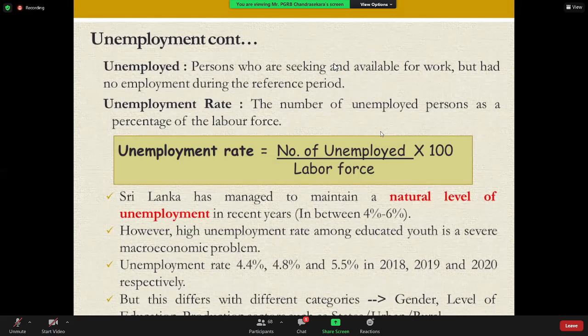We have different types of units in the economy, such as educated, gender-wise, production sectors, states, urban people, rural people. Likewise, there are different types of segments. I'll show you in the next slides. So as an average, yes, we have that, but as per these categories, they may differ. Think of the gender.